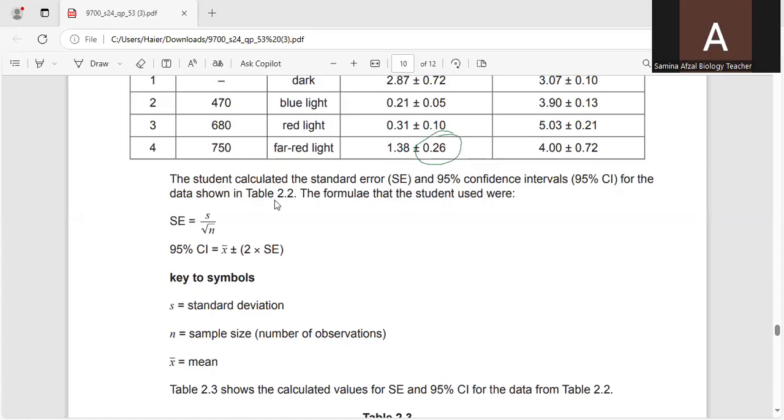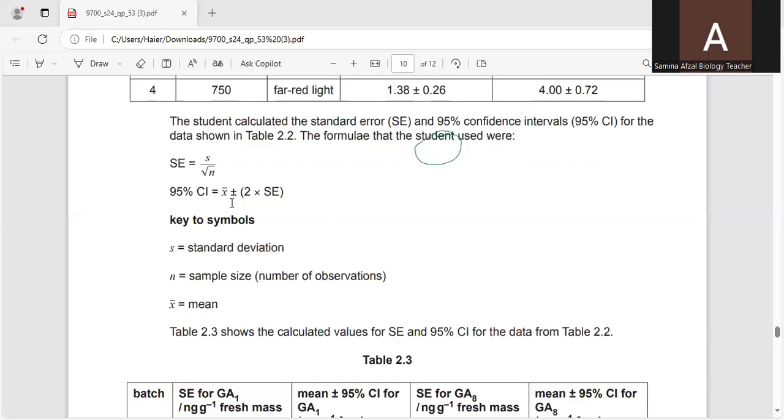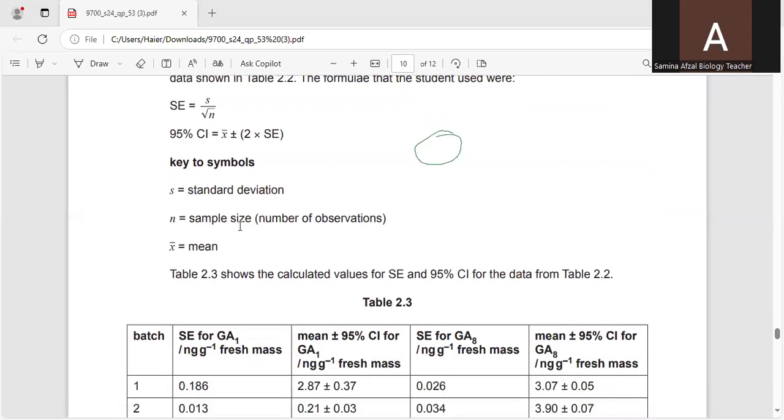square root, and our sample size is 15. So you can see that 15 plants were used in each batch. So the sample size for each batch was 15. So we will use this formula and the value 0.26, which has been given in table 2.2.